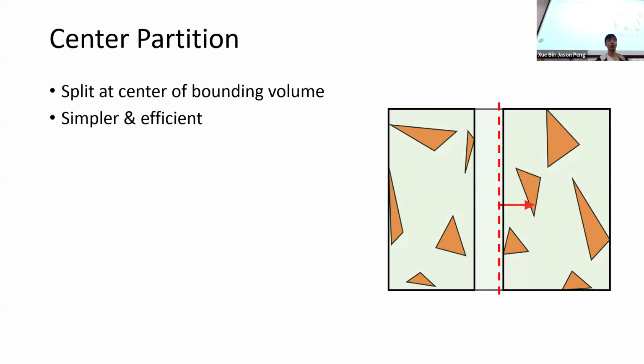So the center partition heuristic is very simple and efficient. You can implement it very efficiently. But the drawback with this simple heuristic is that it can often lead to very unbalanced trees when we construct this BVH. The center partitioning heuristic works well if the objects are more or less uniformly dispersed in the scene.